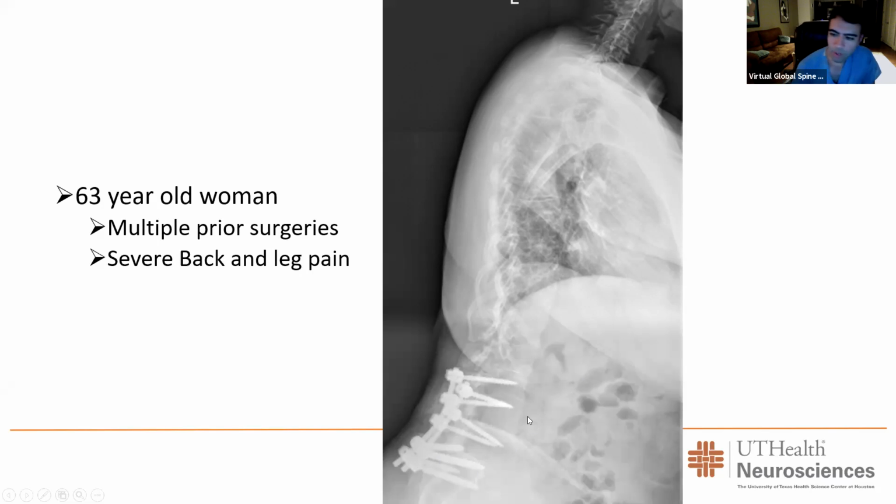John, some of the questions people are asking are maybe more related to the last case, but also related to this case. Are you quad rodding at L5-S1 routinely? So if I'm not doing an osteotomy, I generally don't quad rod at L5-S1.